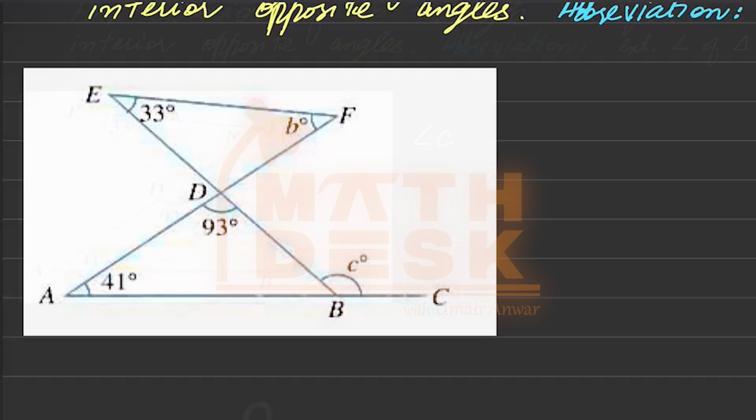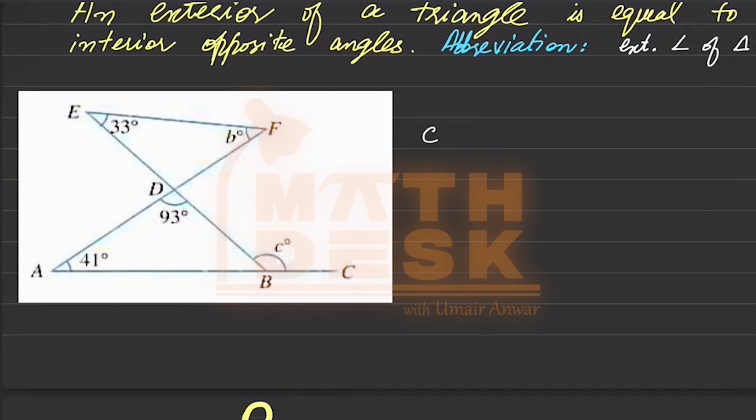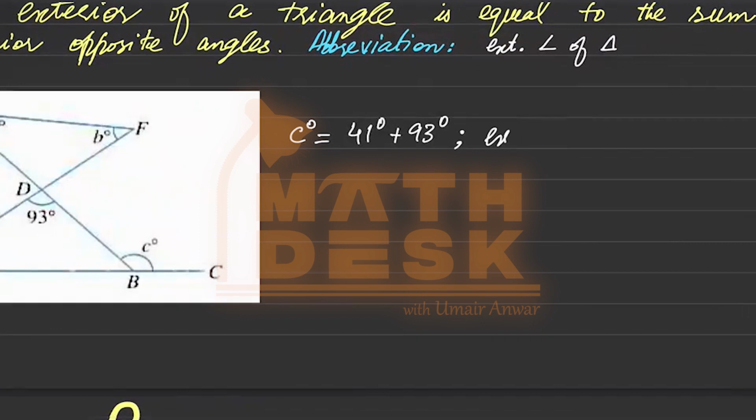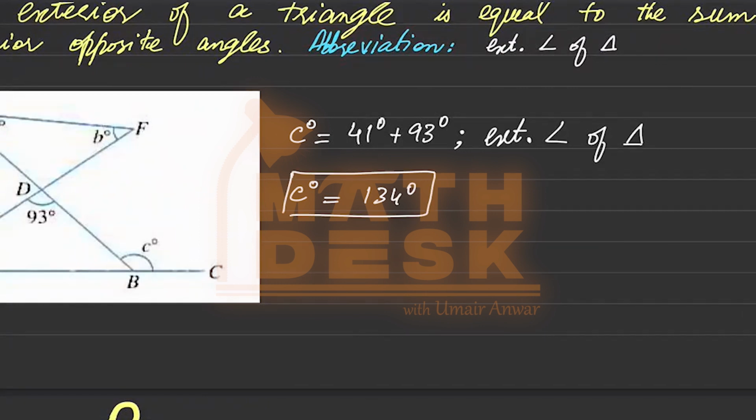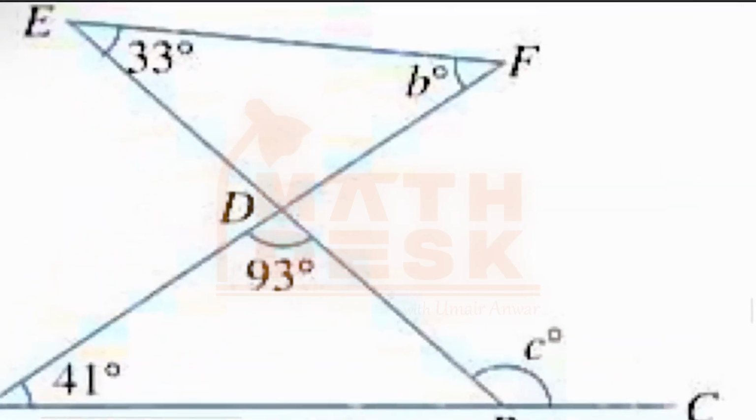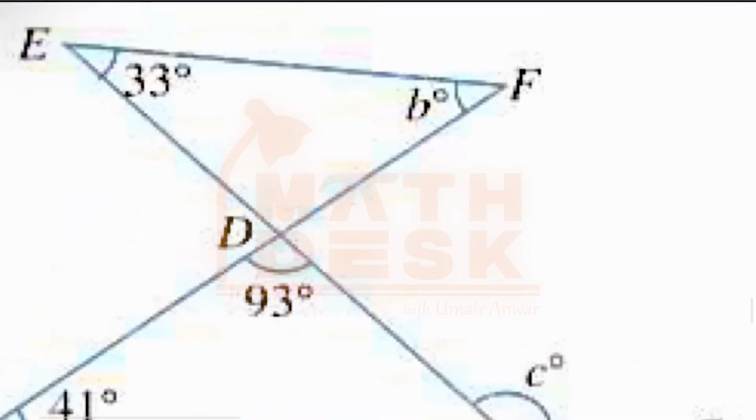So I could write that angle C should be equal to 41 degrees plus 93 degrees. And the argument is, it is the exterior angle of triangle. So the value of C would come out to be 134 degrees.